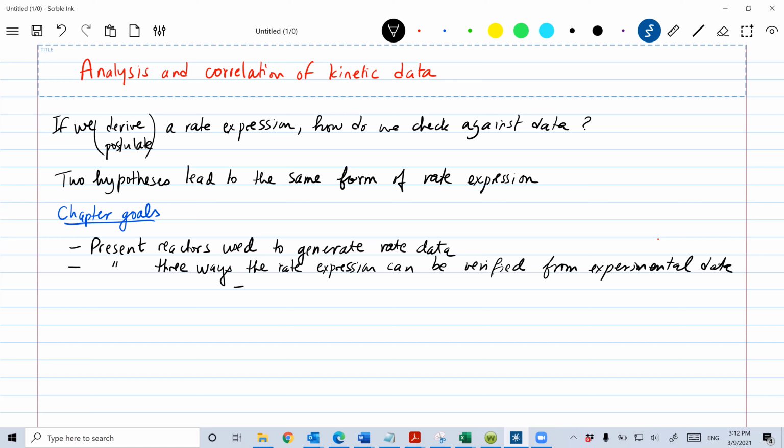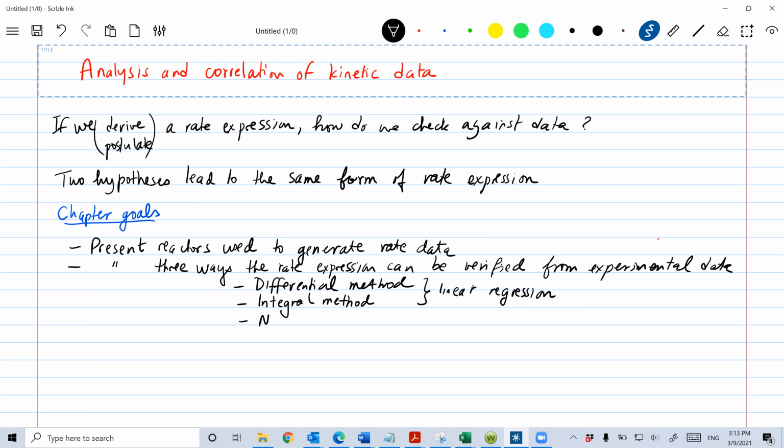The first way is the differential method, and I will explain what that is. The second is the integral method. Both of these are linearized, so these are linear regressions.